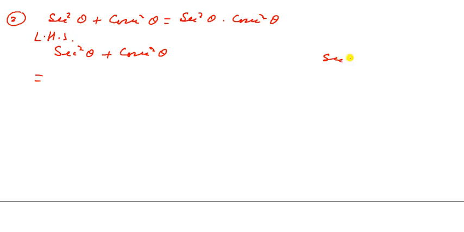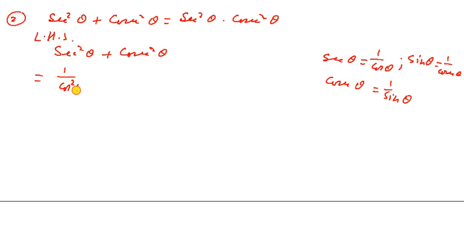As you know, sec theta is equal to 1 upon cos theta, and cosec theta is equal to 1 upon sin theta. Now put the values: sec square theta is 1 upon cos square theta, and cosec square theta is 1 upon sin square theta.